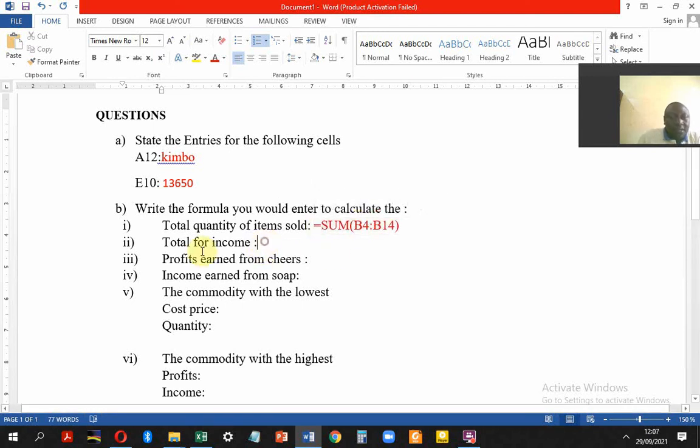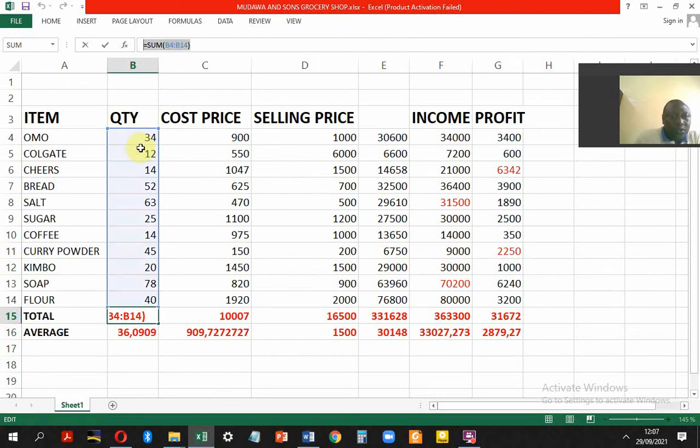Good. Then write the formula you would enter for total for income. So we go back to our spreadsheet. Total for income, you can see here.